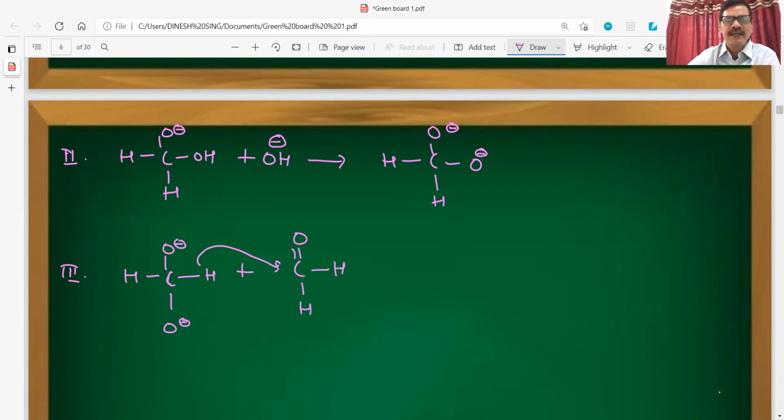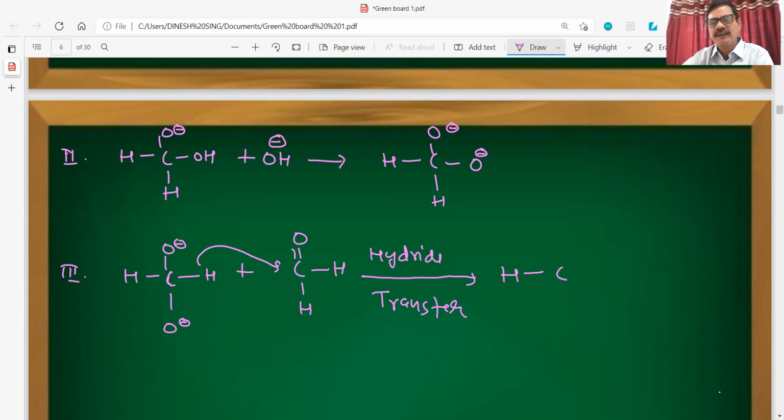Now this hydride is transferred to the carbon of the other formaldehyde. Hydride transfer, so we will get HCOO minus, and this becomes CH3O minus.